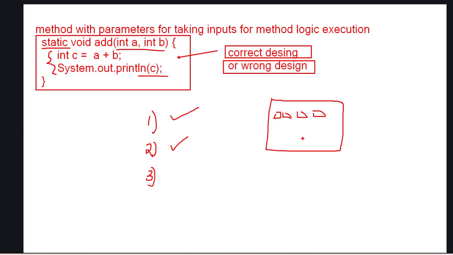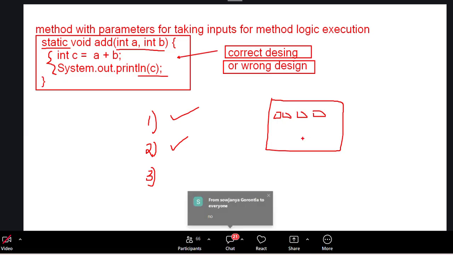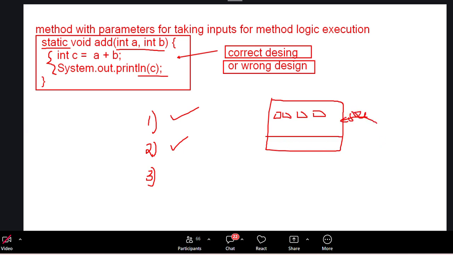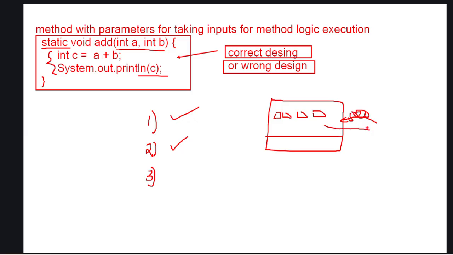Okay? 5,000 is deducted from your account and printed on the ATM screen. The notes are not given to you, not returned to you. The notes are counted and remain in the ATM machine. You gave the input 5,000 and you are expecting that 5,000 returns to you, but it is not returned, it is printed.